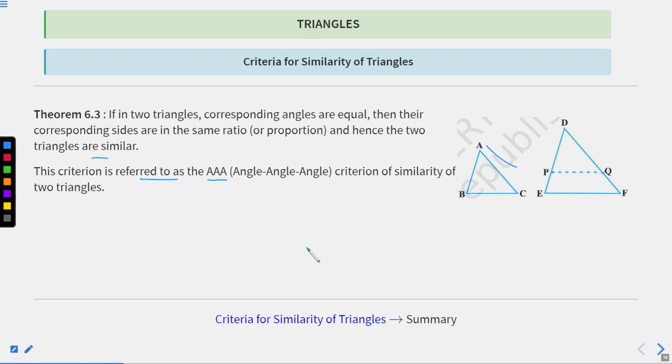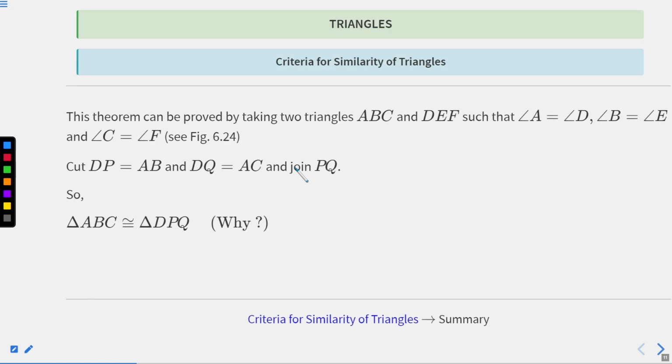So this proves that if in two triangles corresponding angles are equal, then their corresponding sides are in the same ratio. Their corresponding sides AB over DE equals AC over DF, and this equals BC over EF. And this criterion is referred to as the AA criterion of similarity of two triangles.